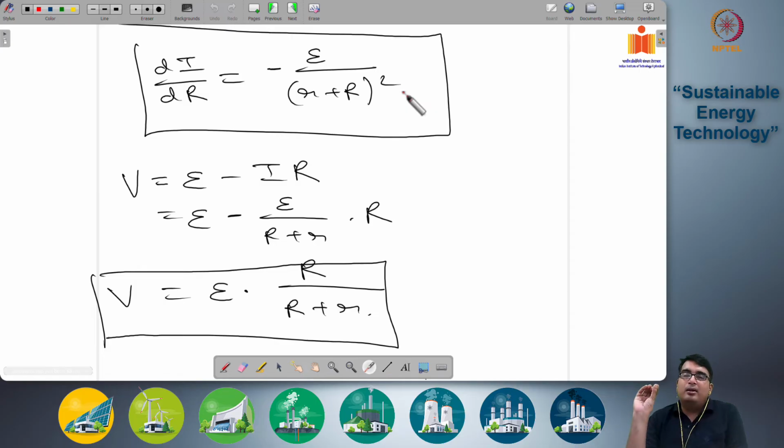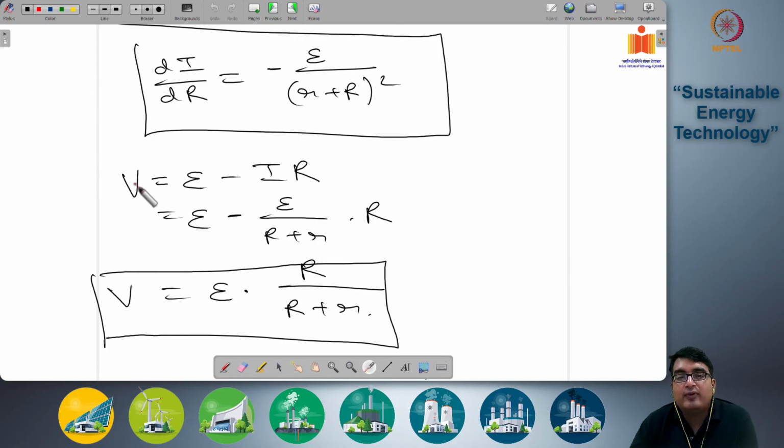Remember, this is only approximately valid because it assumes that the internal resistance r is not affected by the change in resistance or the change in current, which is not strictly true. But this gives you the slope of the current with respect to changing external load resistance. And you are seeing here a quadratic curve. Okay. So current is decreasing quadratically with respect to external load resistance.